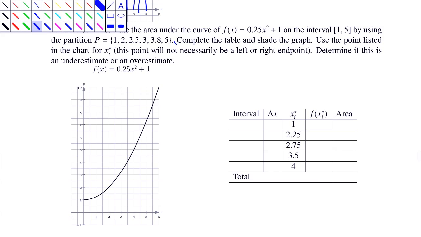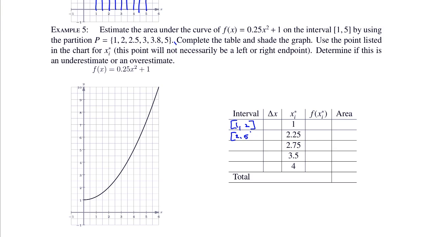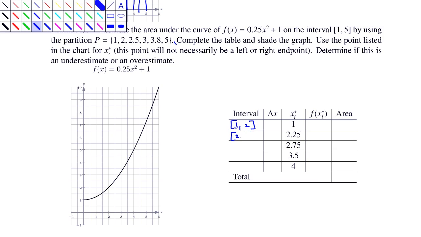So the partition goes from 1 to 2, 2 to 2.5, 2.5 to 3, 3 to 3.8, and 3.8 to 5.